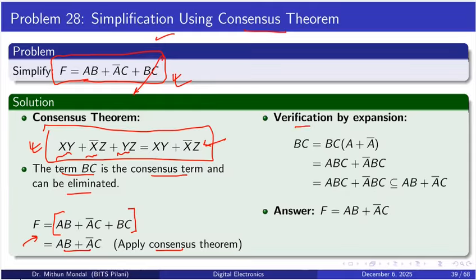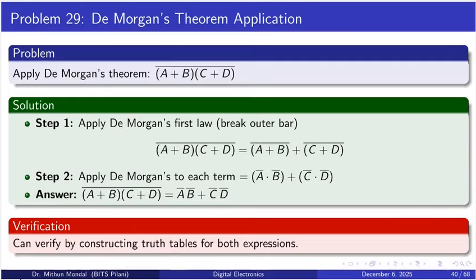This can also be verified by the expansion process. We have BC, so BC is equal to BC into 1. And 1 can be written as A plus A bar, since this is equal to 1. Then we expand it and ultimately we get the same answer. So the consensus theorem is useful in many cases to do the simplification process.